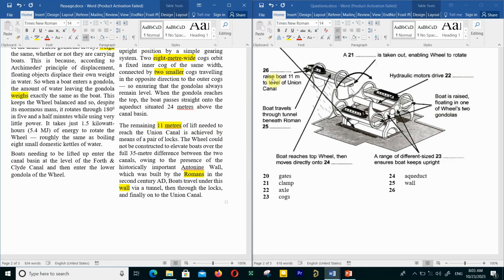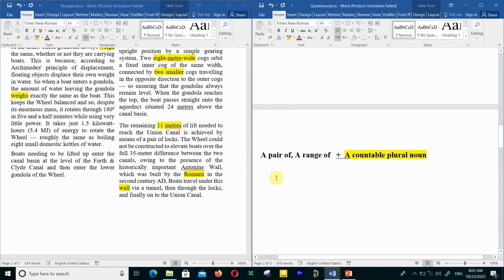Because of raise, because you can see raise without an S, you need the plural countable noun. So for question 26, because of raise, we need a plural countable noun.